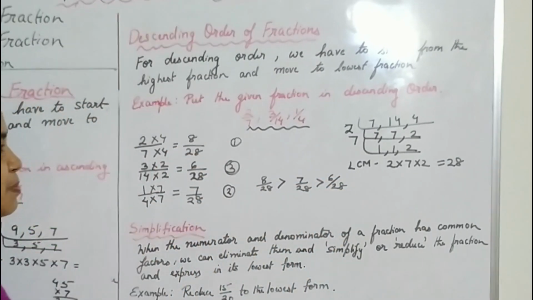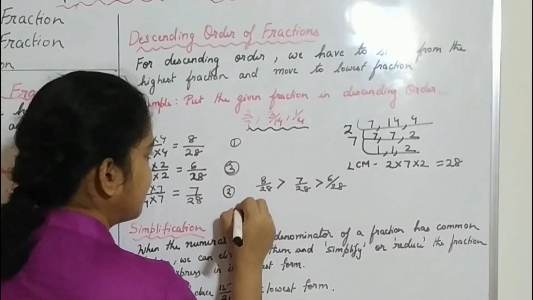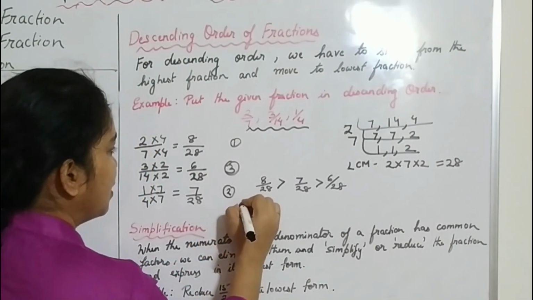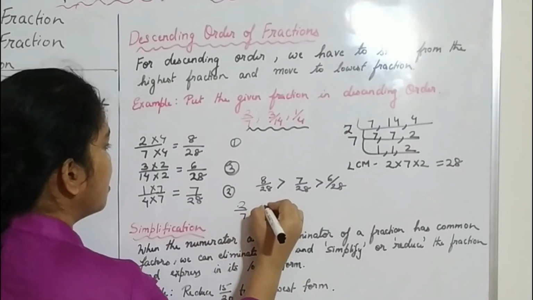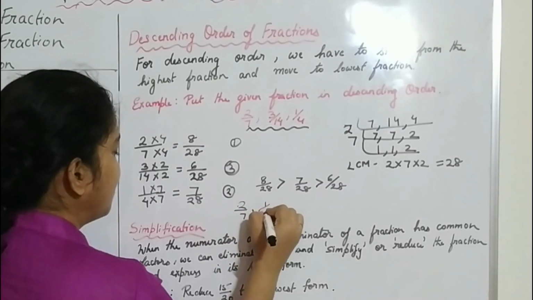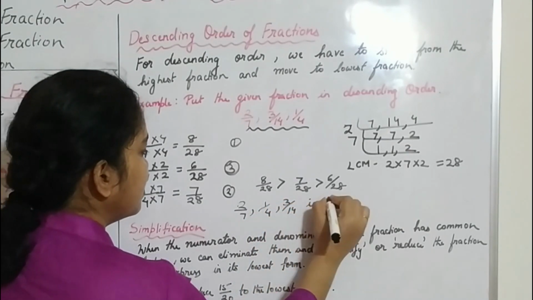If the numbers have to be arranged in descending order, it comes like this: first is 2 by 7, then 1 by 4, then 3 by 14.